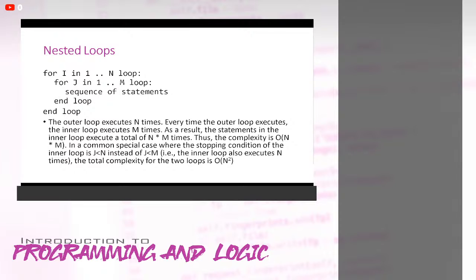But when we look at this last sentence here, in a common special case, bubble sort, where the stopping condition of the inner loop is j is less than n instead of j is less than m, the inner loop also executes n number of times.